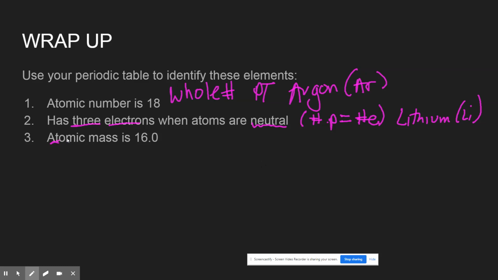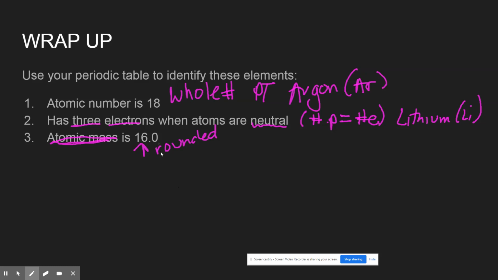What element has the atomic mass of 16.0? Okay? Atomic mass, that means this was rounded to get here. So you want to look on your periodic table. I would suggest starting in hydrogen and going all the way until you get something that's close to 16, because you're probably not that familiar with something that has a mass of 16, but as you use the periodic table more and more, it will make a lot more sense to you.